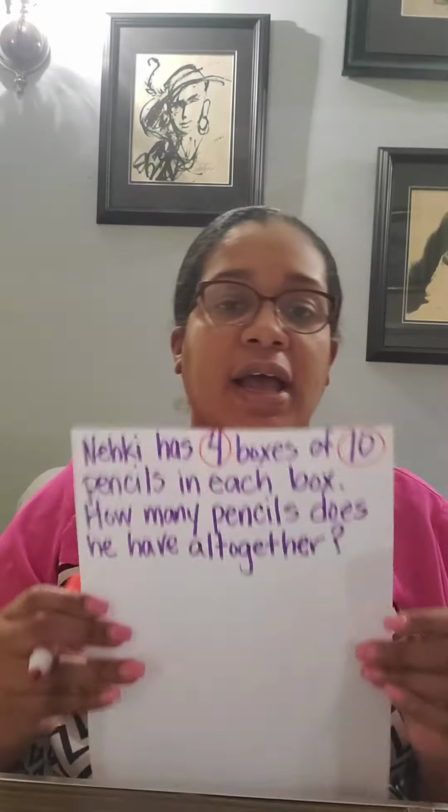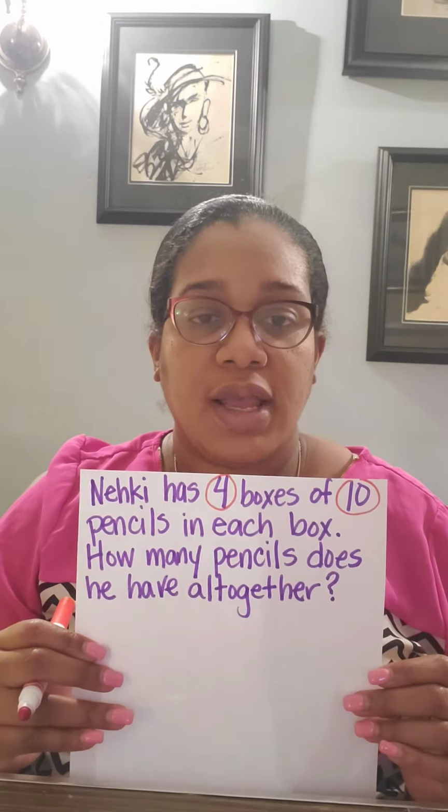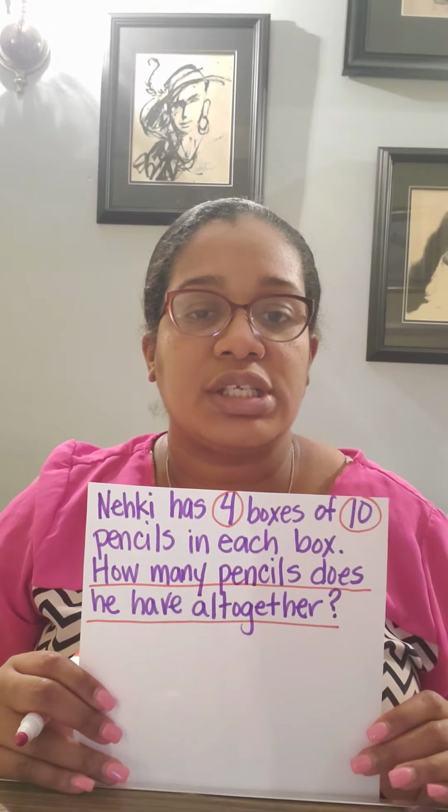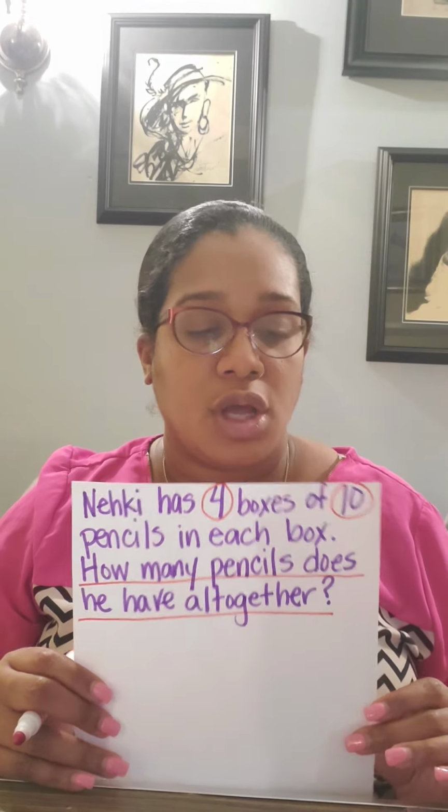I have the numbers 4 and 10. Then I'm going to underline my question. My question asks, how many pencils does he have all together? And then I'm going to box my keywords.